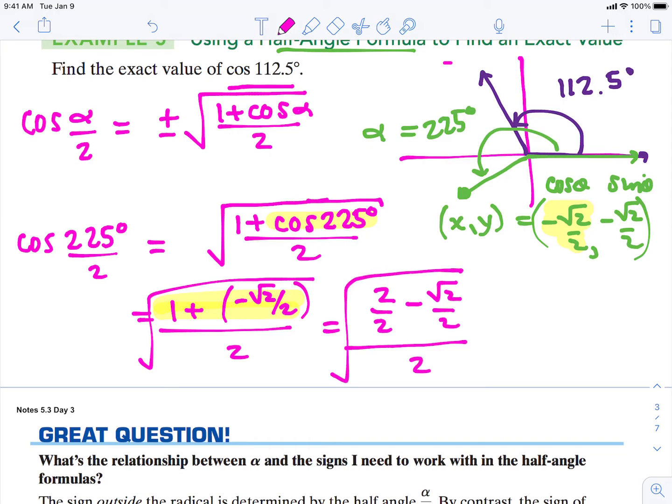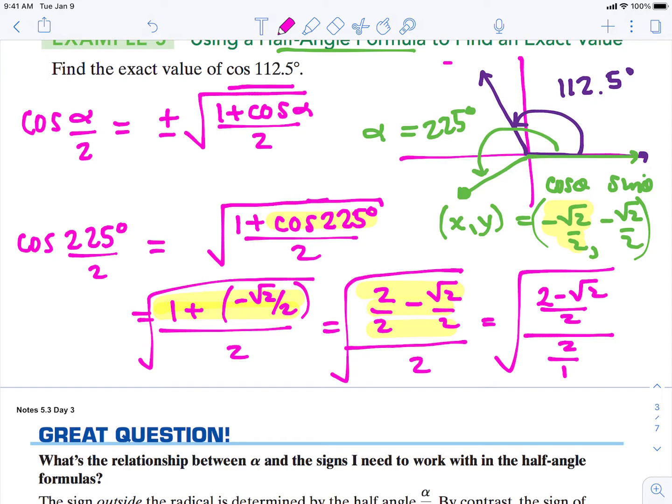So what we're trying to do is add these two fractions together. I can add them now because they're like denominators. So we get 2 minus the square root of 2 over 2, and then all over 2. And I'm going to change that bottom 2 to a fraction, so 2 over 1.